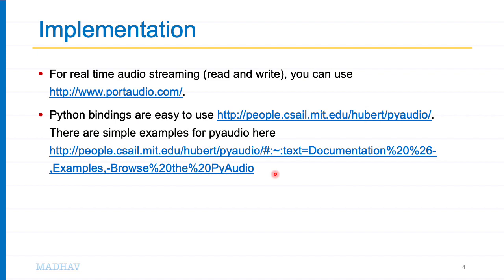You may have to install certain things on your machine depending on which machine you are using, Linux or Windows or macOS. Depending on that, you may have to install certain extra libraries or drivers, etc. But I have found this is very quick to implement, very quick.